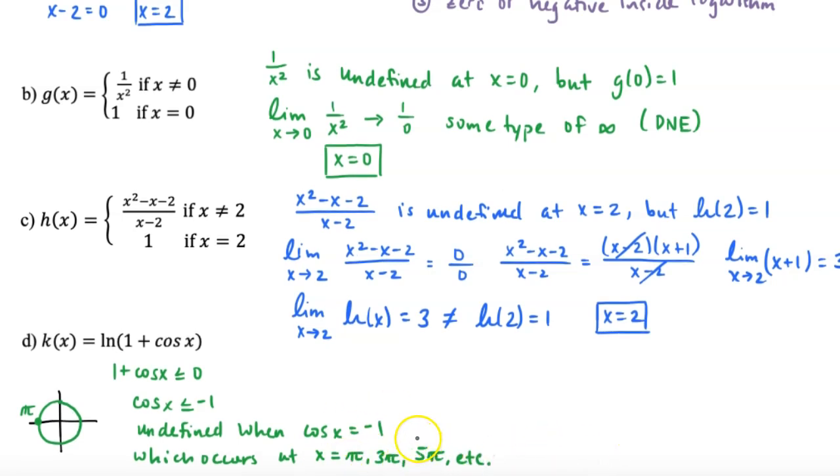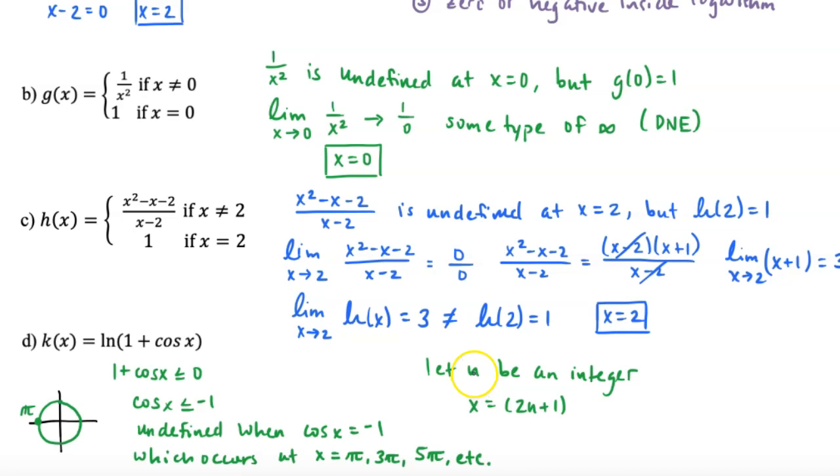So how can I describe this with this integer n? I'm going to let n be an integer. I want to say that I have a discontinuity where x is equal to an odd integer times pi. I can describe an odd integer using 2n plus 1.